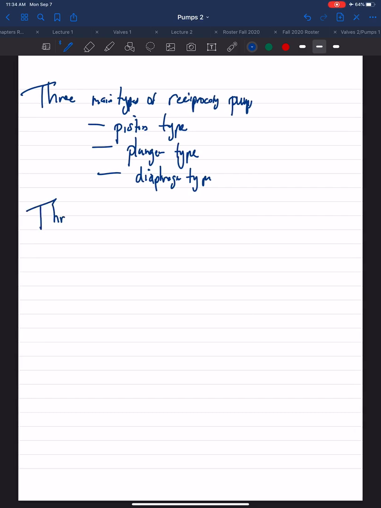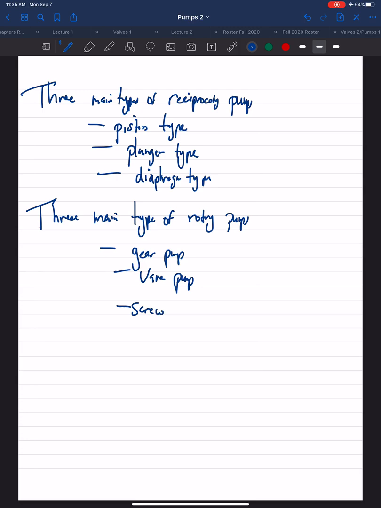Three main types of rotary pumps. You have the gear pump, vane pump, and screw pump.